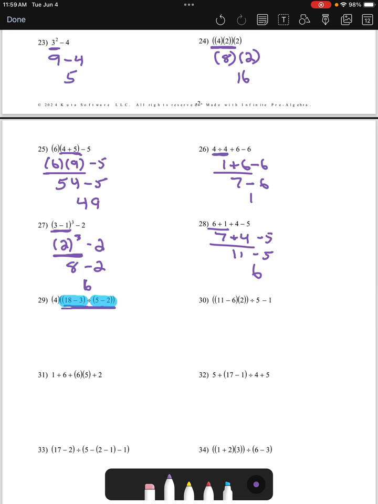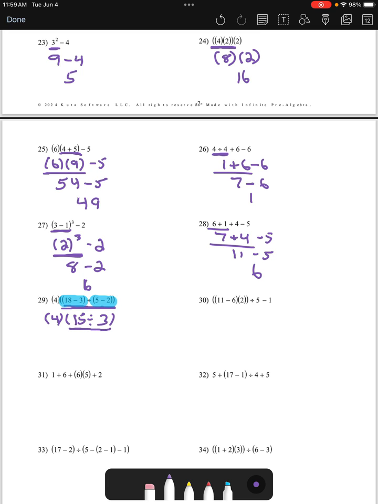I don't need to do this in two separate steps. Okay, the 4 is untouched. And the second group is still going to be a group, because that division is not going away. But what's being divided? Well, we have 18 minus 3, so that's going to be 15. And that's being divided by 5 minus 2. 5 minus 2 is 3.